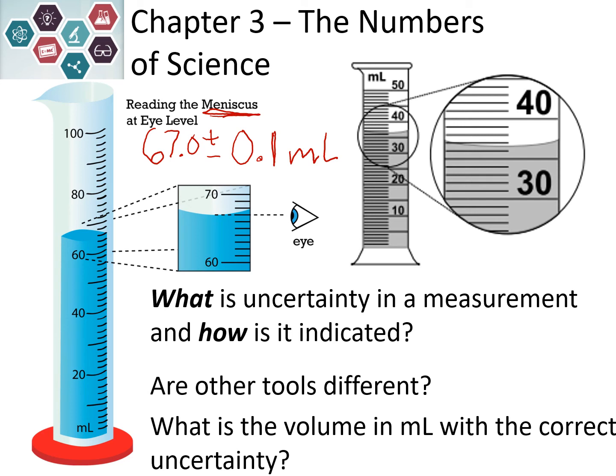Here's another one. So we have our meniscus. We read from the bottom of our meniscus. Our 30 and 40 are marked. So we know it's above 30. We look at the lines. It is above the 6, between the 6 and the 7.